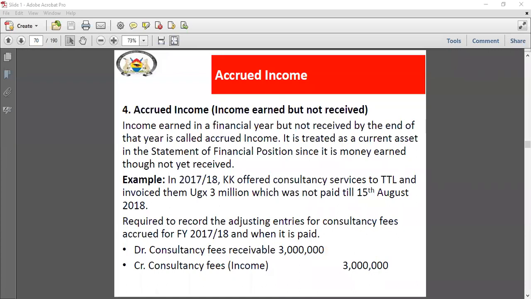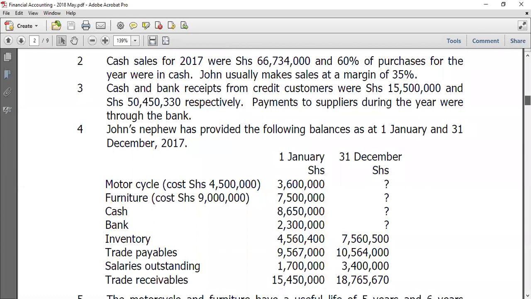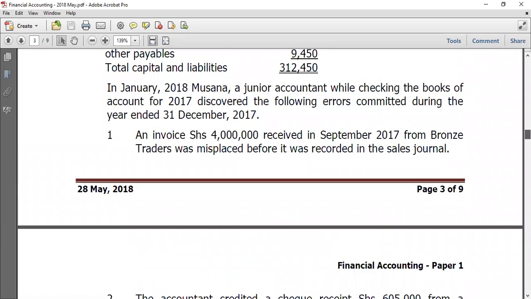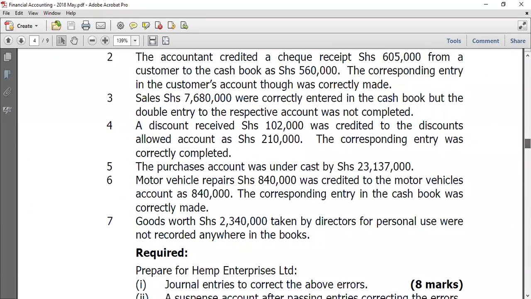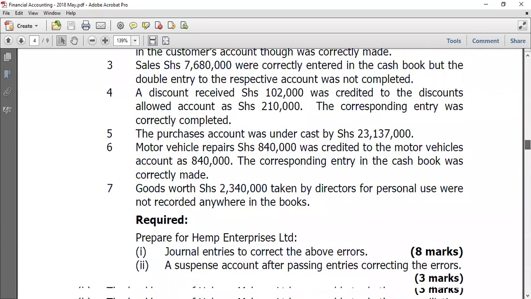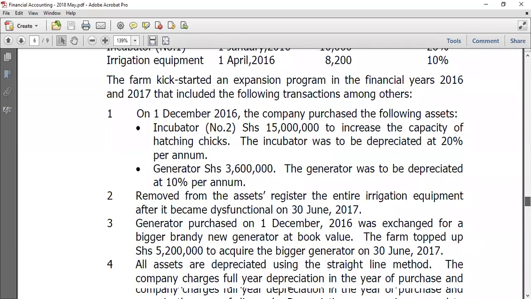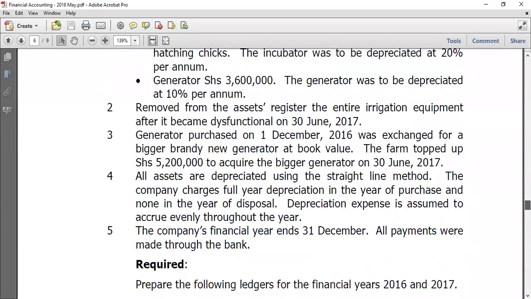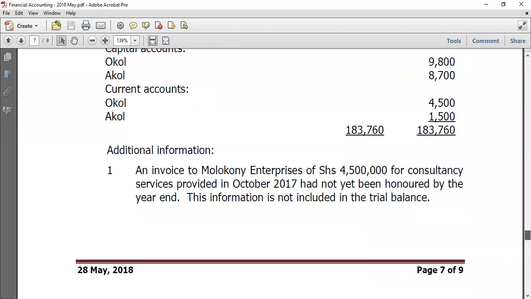So I want us to see an example for this. Let me just see if this has it. Yes.